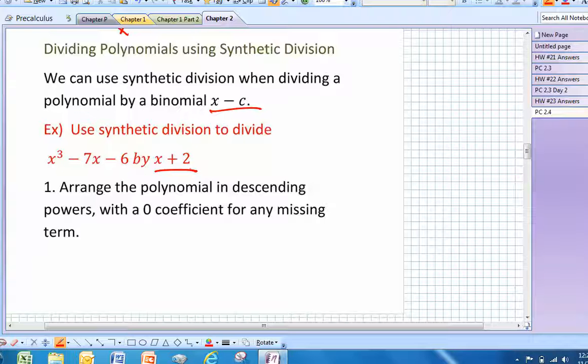You want to arrange the polynomial in descending order with a 0 coefficient for any missing term. Notice you have x to the third minus 7x, so there's no x squared. So it's the same as x to the third plus 0x squared minus 7x minus 6, and you're dividing it by x plus 2.